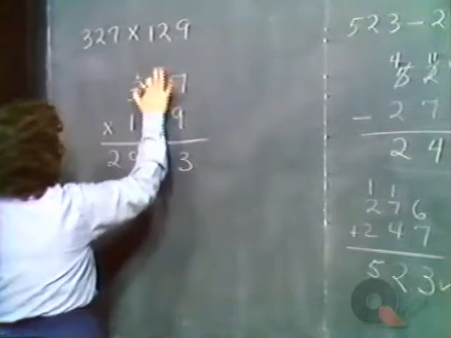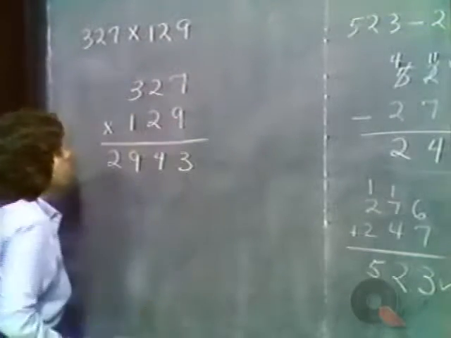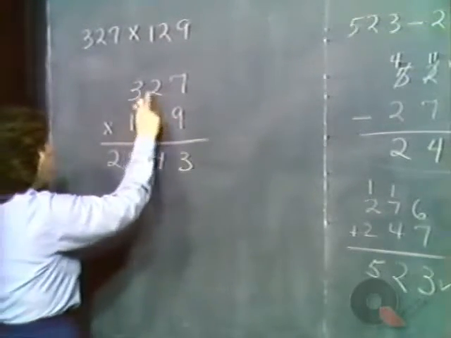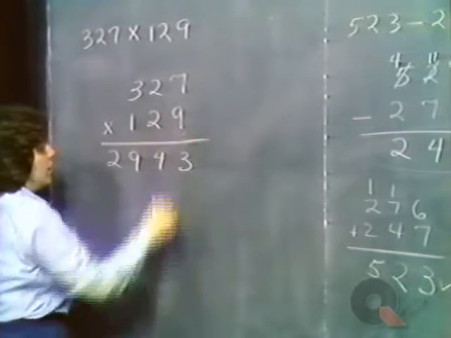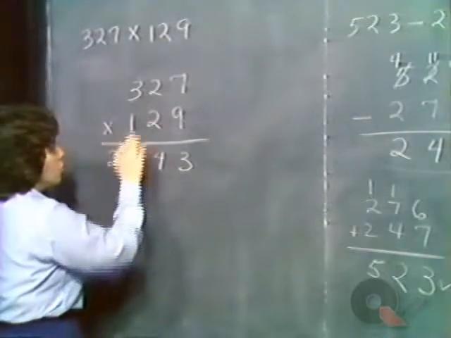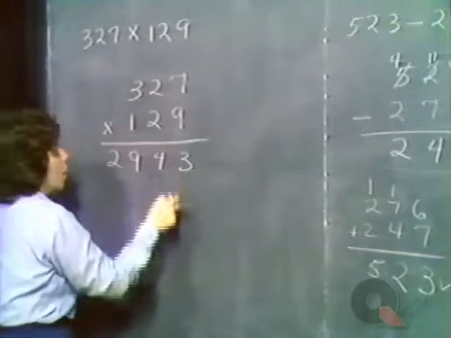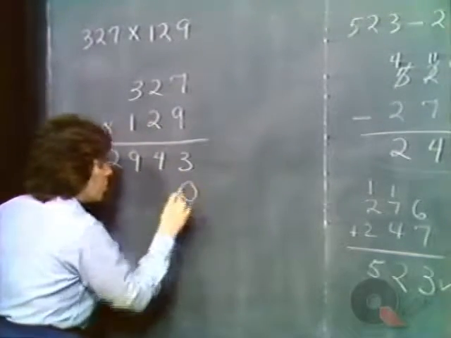Next time around, what I'm going to do is multiply, and you can just erase those if you think they'll confuse you over here. I'm going to multiply 327 by 2, but it's really not 2, it's really 20. I'll explain it in a moment, but I want you to write the answer, 327 times 2, starting over one digit to the left. In other words, just put a 0 there.